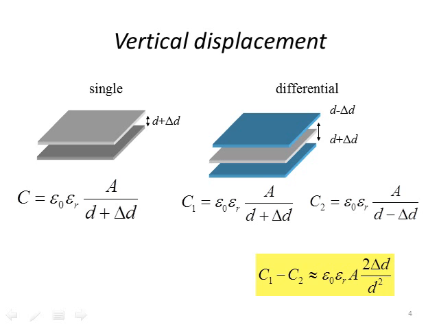Right is a differential vertical displacement where usually the center plate, which is gray, is moving, and then the upper capacitance increases and the lower capacitance decreases. And then you can calculate the delta C separately between those two.